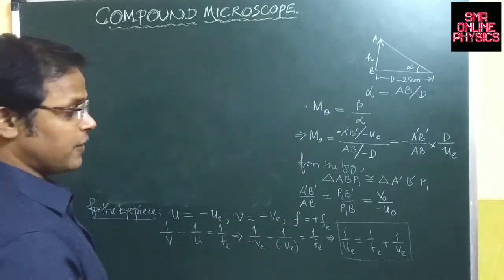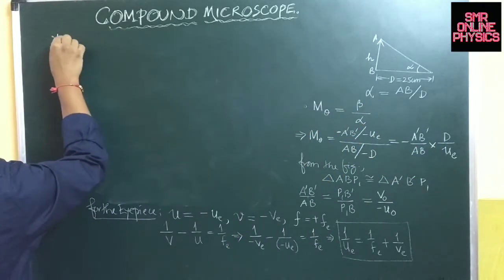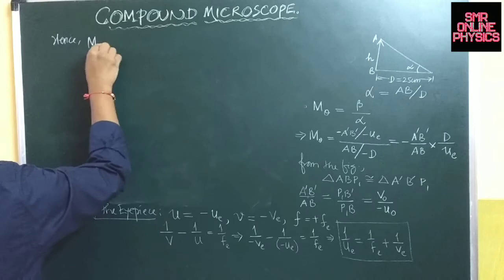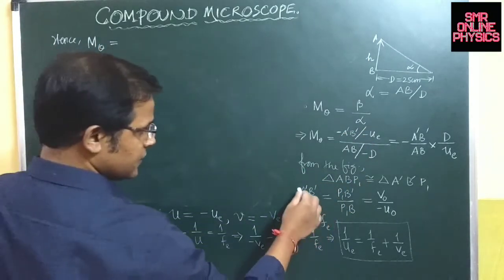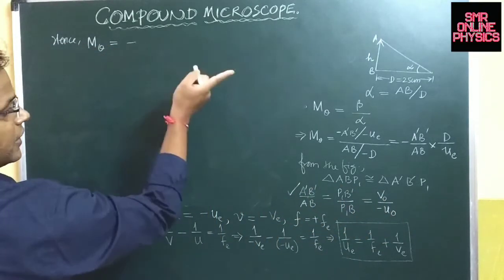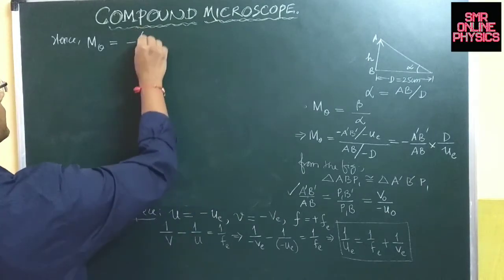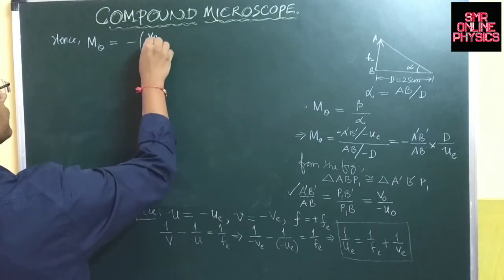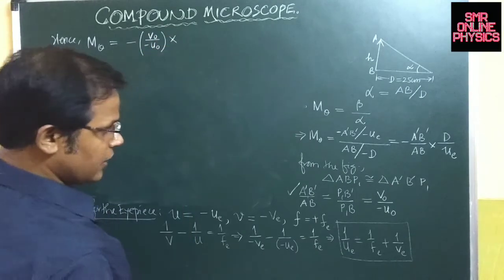So I substitute this value here. Hence, we will get m theta is equal to A dash B dash, where is that? This one. That is minus already there, and this is coming again as minus there. So you get something V0 minus U0 multiplied with D. Where is the D?